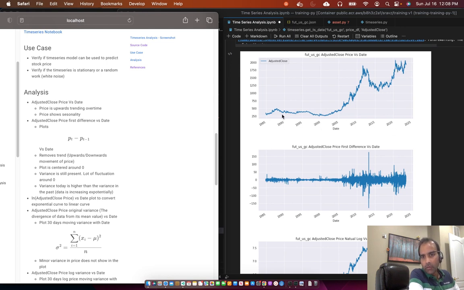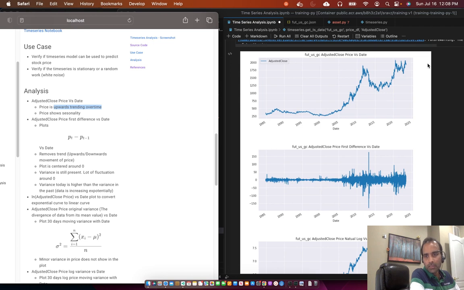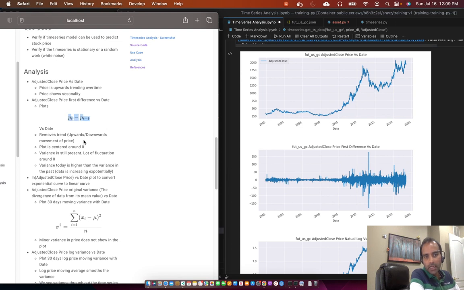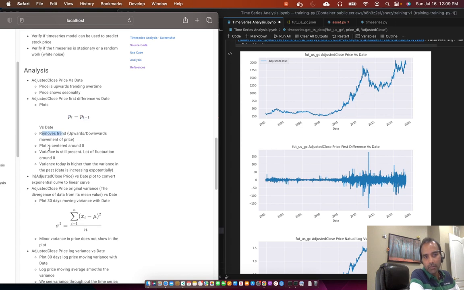Now we see an upward trend, and we want to remove this trend so that the plot is centered around zero, that is, mean reverting back to zero. To do that, we do a first difference, p_t minus p_(t-1), of the price to remove the upwards or downwards trend, and the plot is centered around zero, which is shown here.